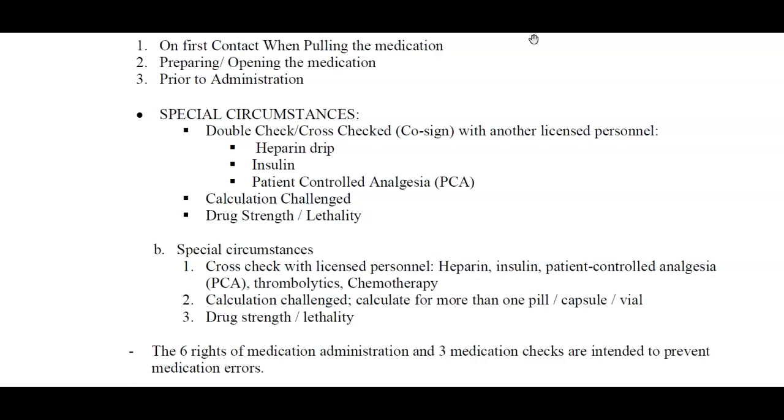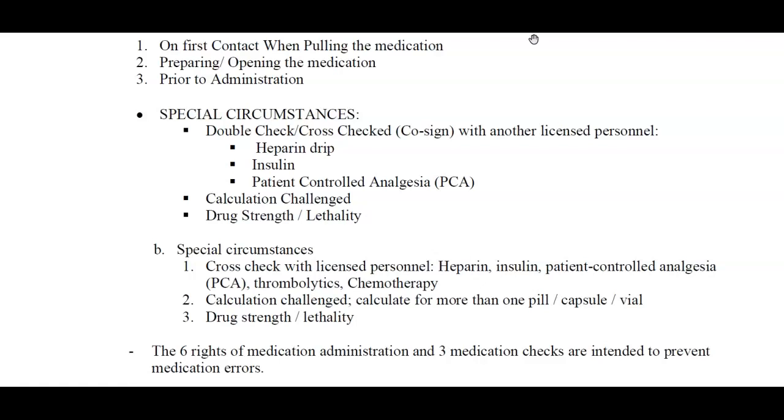What you have to remember though, some facilities will have a slight variation of that. Some facilities, when giving heparin, for example, don't require the double check unless it's a heparin drip or an IV form of heparin. And same thing with insulin. We used to co-sign insulin every time we give it, regardless of the route.